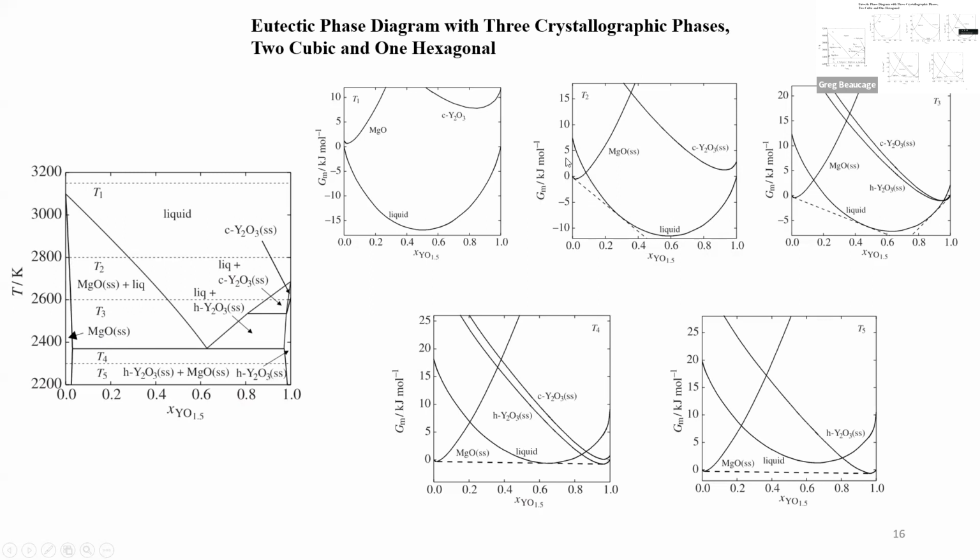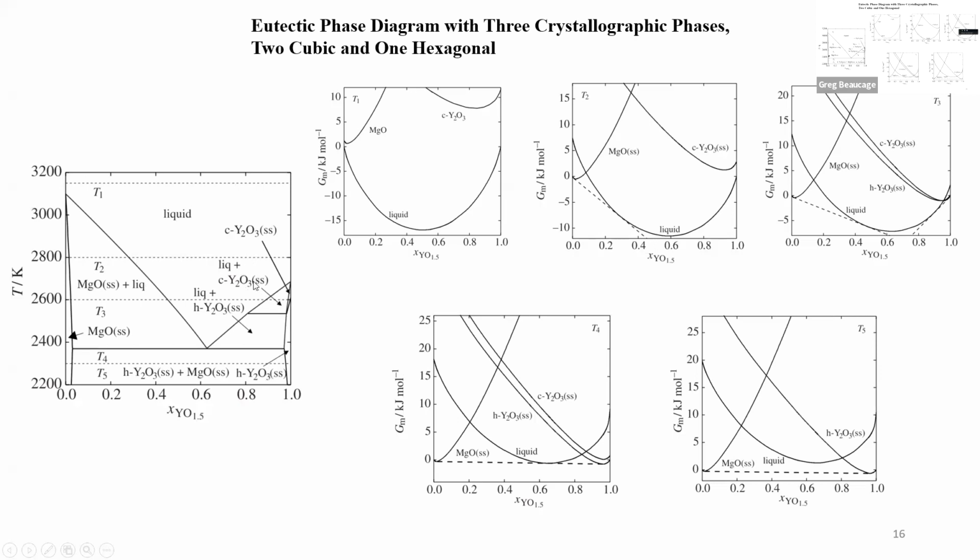If you're to the left of it, it's a happy phase for the magnesium solid solution. It's going to have some yttria oxide in it. And if you're over here, it's a happy phase for the liquid. So it's liquid, then the solid solution. Drop it a little bit further, you get into this yttria phase, a cubic yttria phase.